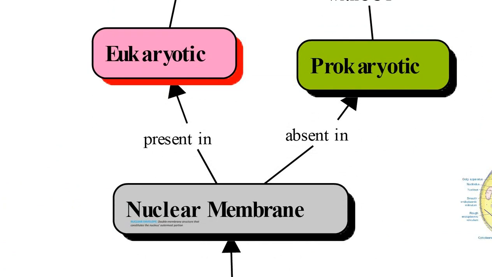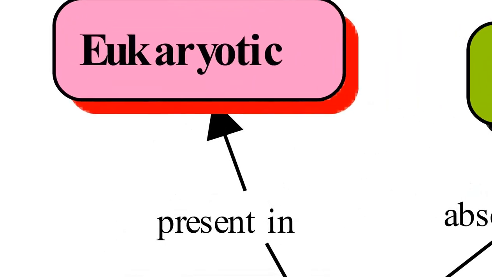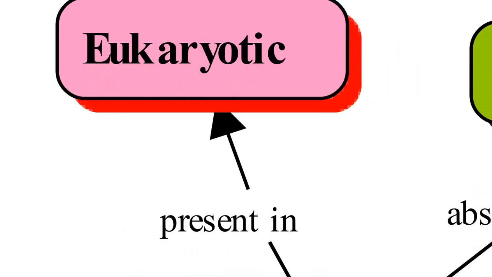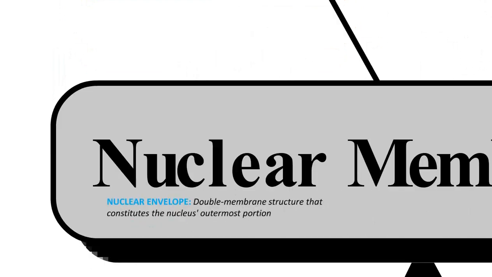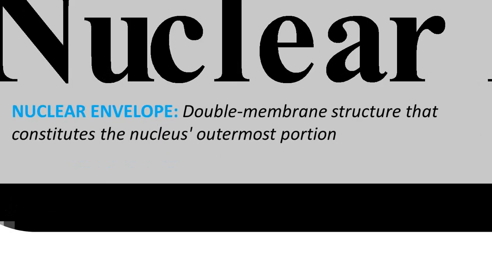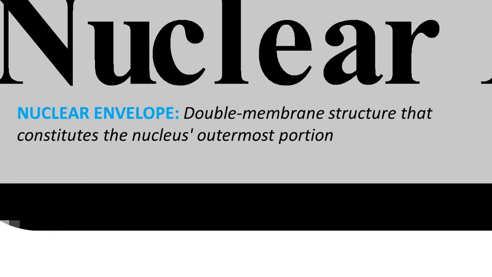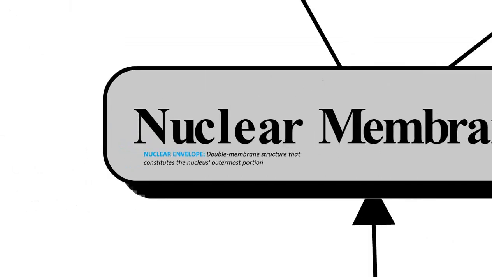Whereas the organisms which possess the well-defined nuclear membrane are known as the eukaryotic organisms. So this nuclear membrane can be defined as the double membrane structure that constitutes the nucleus outermost portion. That means it delimits the nucleus from the rest of the cytoplasmic content.